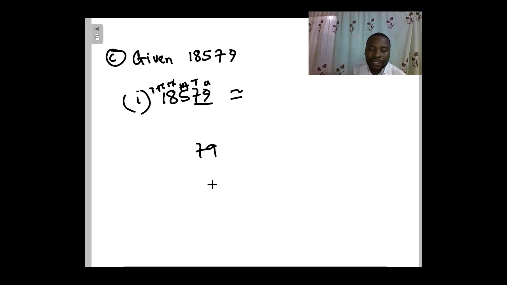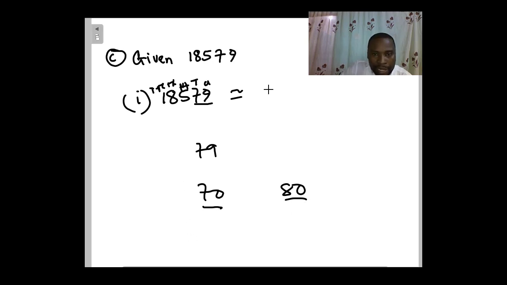Now, which of the tens does it lie in between? 79 lies between 7 tens and 8 tens. Which of them is it closer to, 70 or 80? My guess is as good as yours. It lies closer to 80 than to 70.